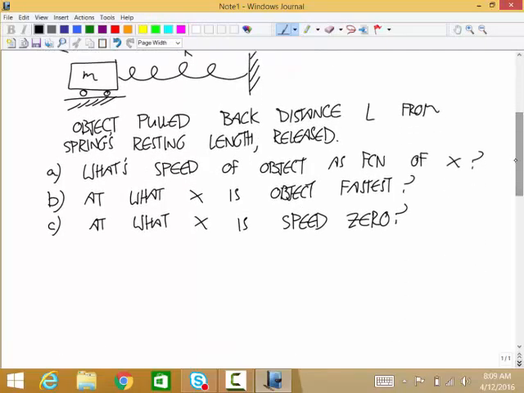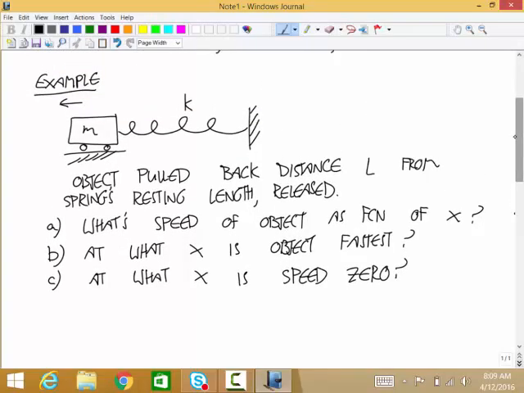And so this problem is meant to help you understand the way oscillating objects connected to springs work in general. So we're going to pull this object back this way, and let it go. And if it doesn't lose any energy due to friction, it's just going to go forever back and forth like this.